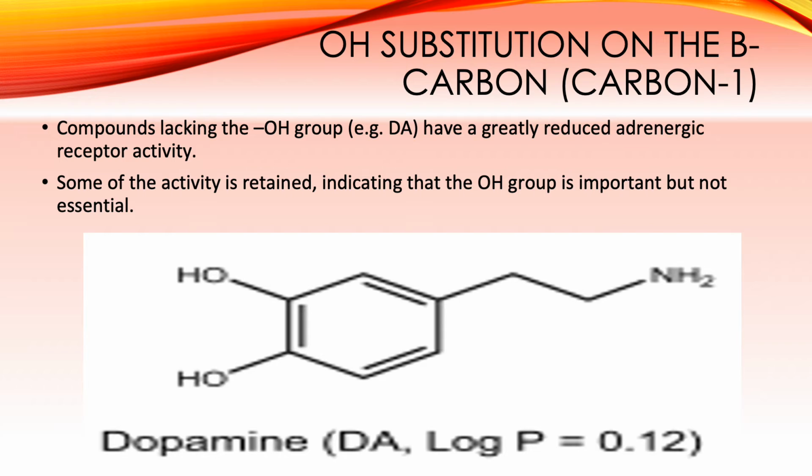So some of the activity will be retained, but if there is removal of the hydroxyl in our beta carbon or carbon 1, there will be an effect on the adrenergic receptor activity. So you look at the structure of dopamine, it is almost the same as our beta phenylethylamine, but there is no hydroxyl attachment on the beta carbon.